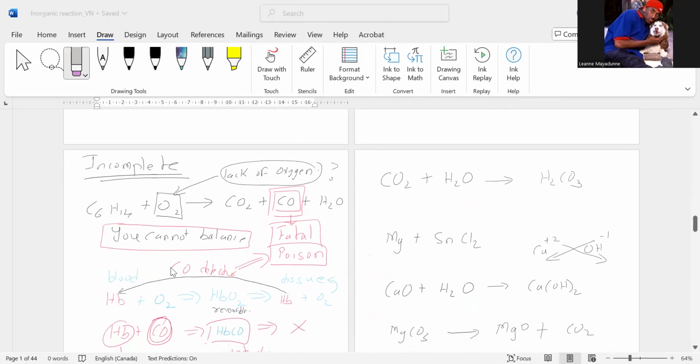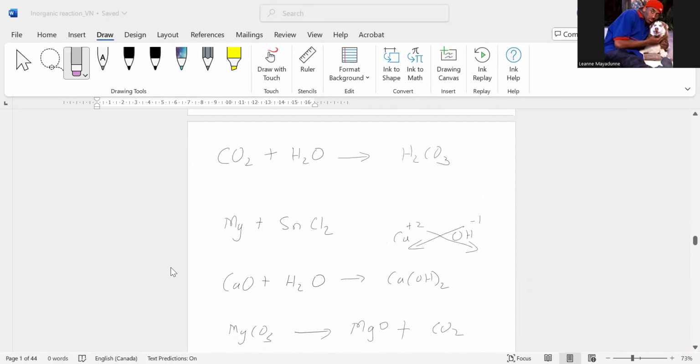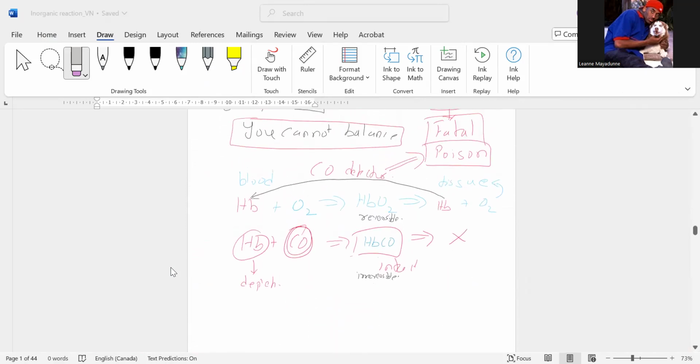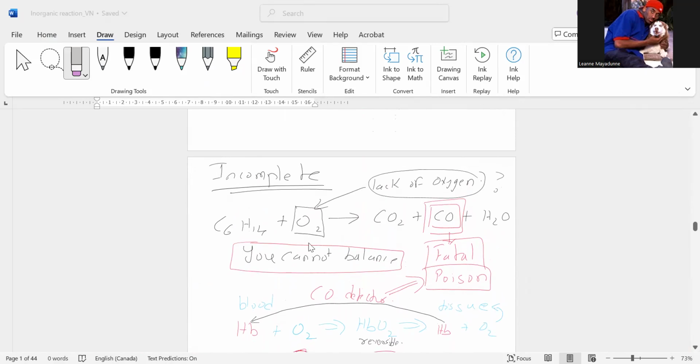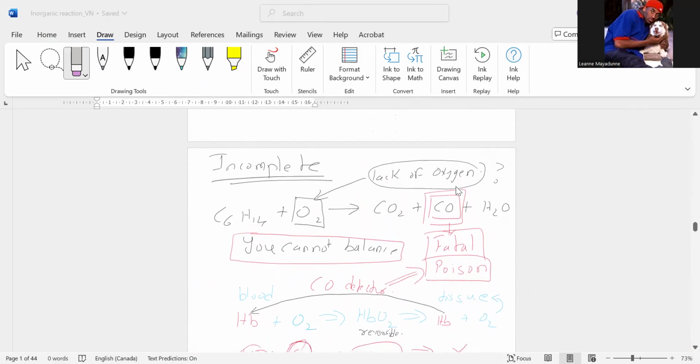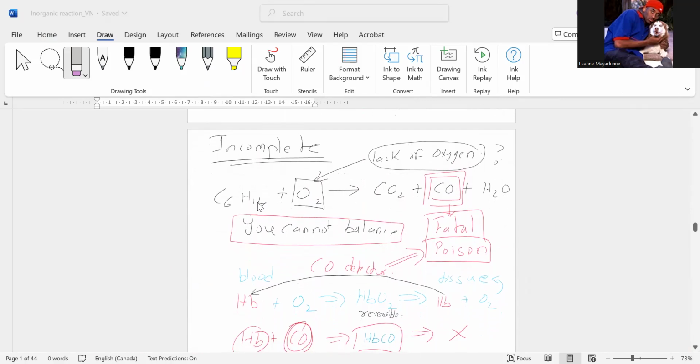Now one more part, which is also critical, which you should know, is about incomplete combustion. Incomplete combustion is because there is a lack of oxygen. So when C6H4 combines with oxygen, we can get carbon dioxide, carbon monoxide, and water.